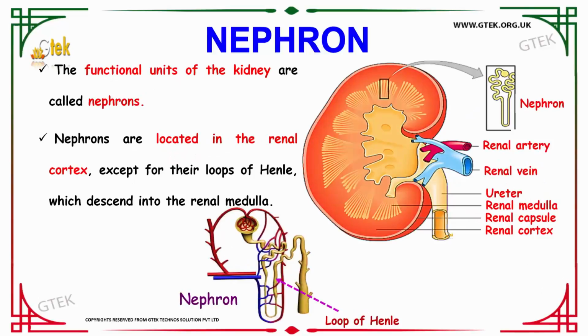Next we are going to study about the major functional unit of your kidney, which is the nephron. So the functional units of your kidney are nephrons, as we know. Nephrons are located in the renal cortex region, except for the loops of Henle, which descend into the renal medulla.